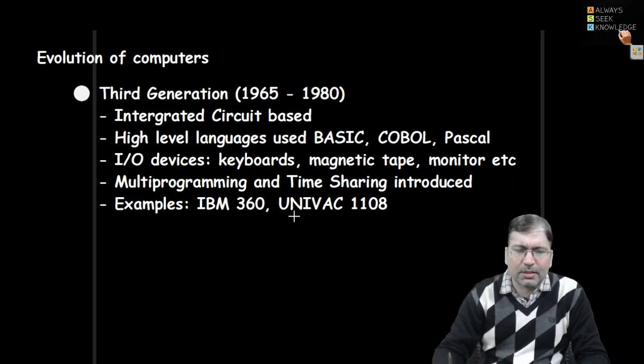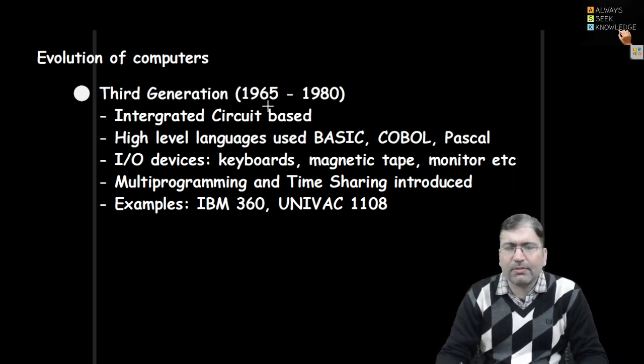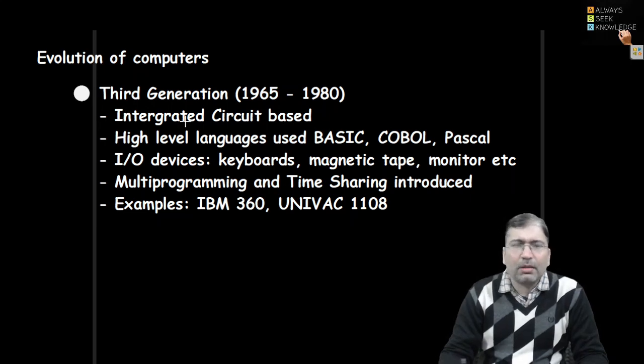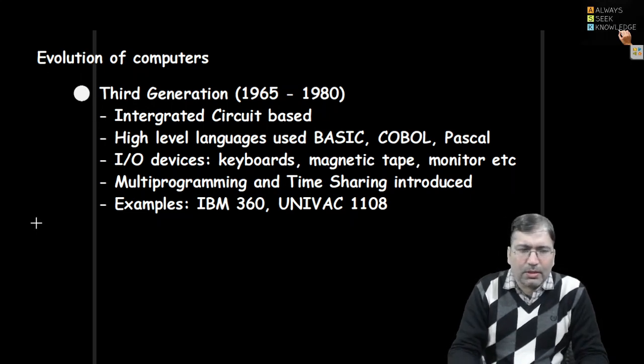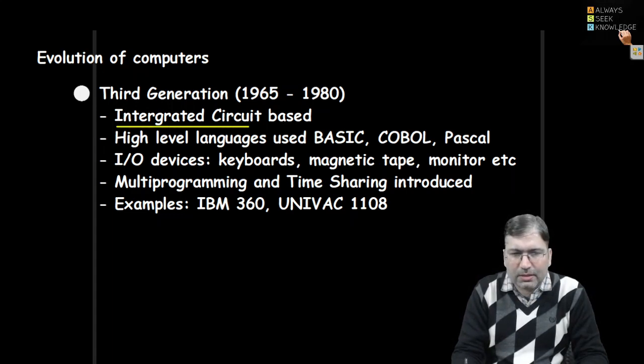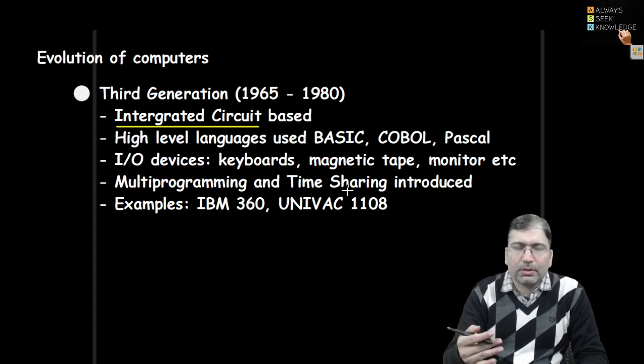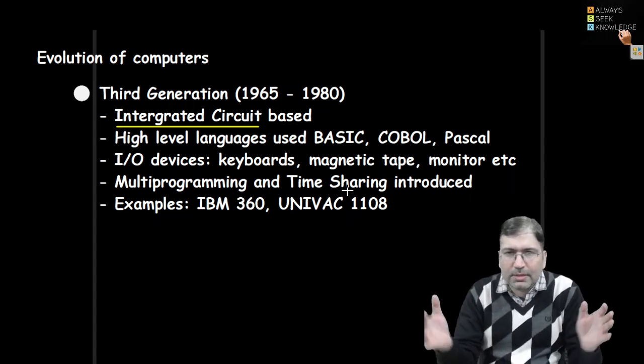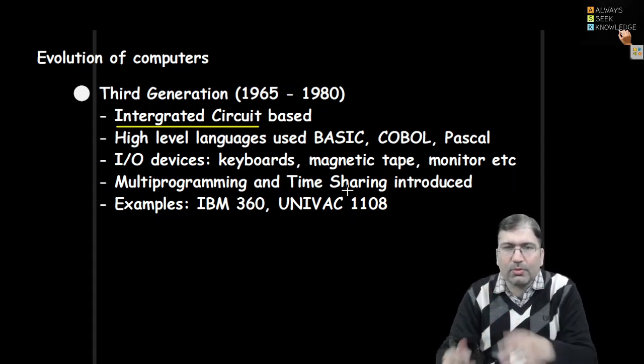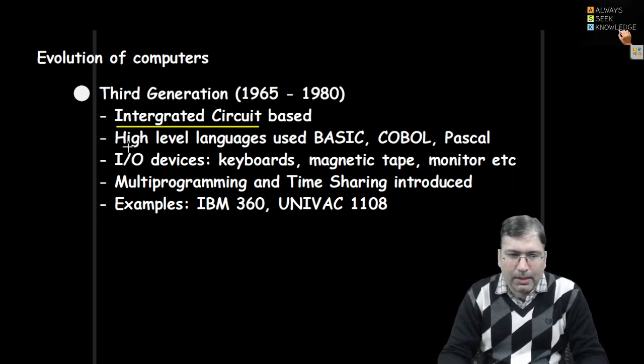Then the third generation came into existence somewhere around 1965 till the 1980s, when we started using integrated circuits, or ICs, in computers. Because of the use of ICs, the computer size was again reduced. And then we started using high level languages in these computers, like BASIC, COBOL and Pascal.